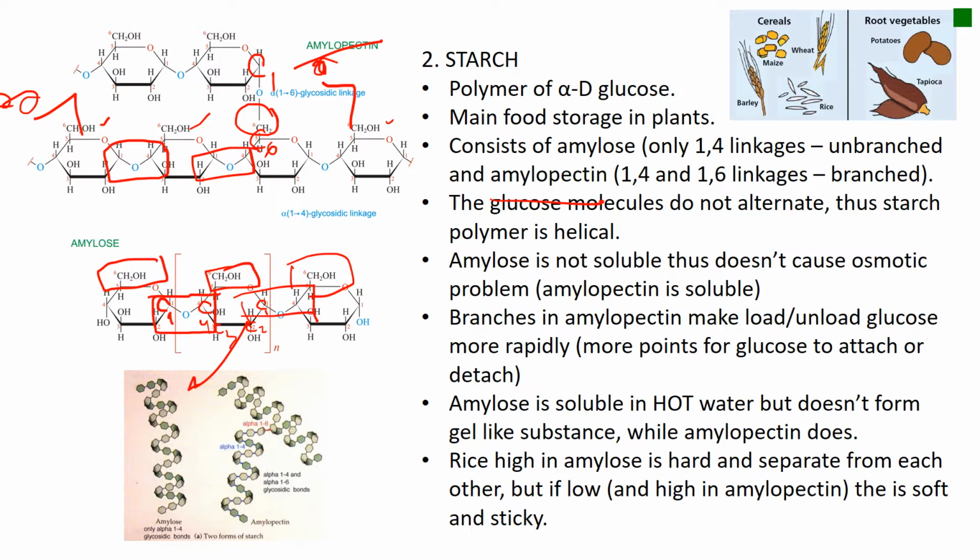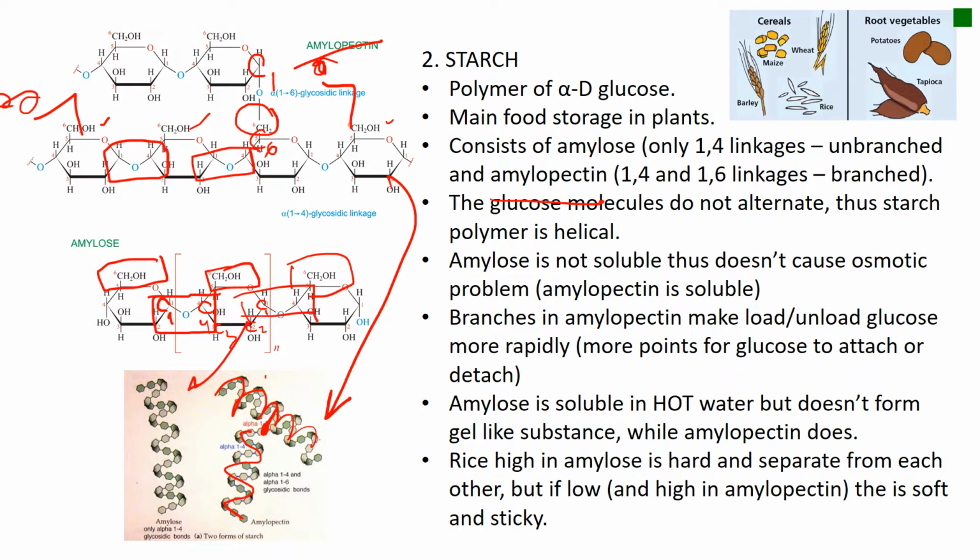And again, because they both do not alternate, they both create helical structure. As you can see from here, this is amylopectin, this is helical, and then they have the branch. Here, the branch happened because the side chain is used to create another line of polymer, right?